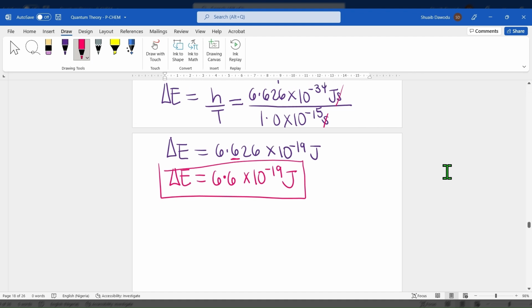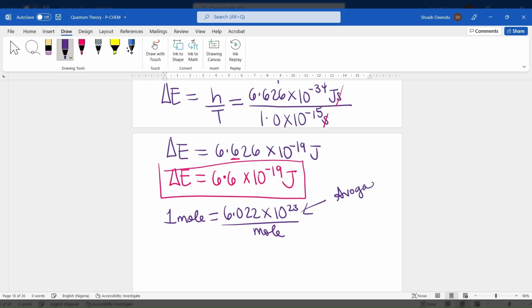Since we're not given the number of moles, we know fundamentally in chemistry that 1 mole of an element, an atom, a molecule, ions of a sample or a substance of anything is always going to be 6.022 times 10 raised to the power of 23 per mole. This is called Avogadro's number or Avogadro's value, and this is very, very important.